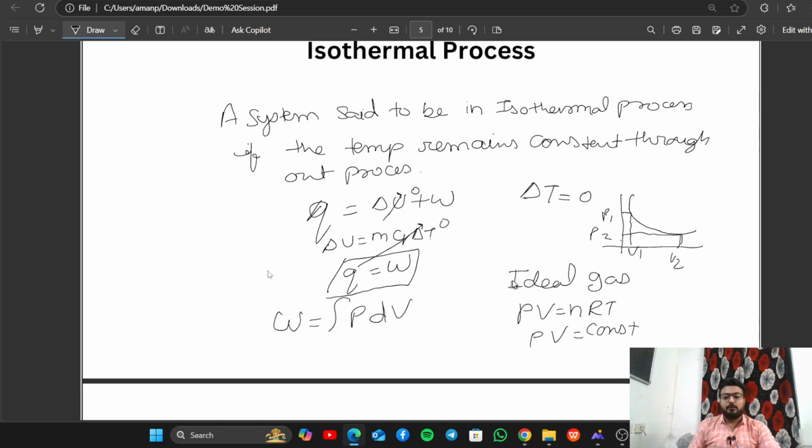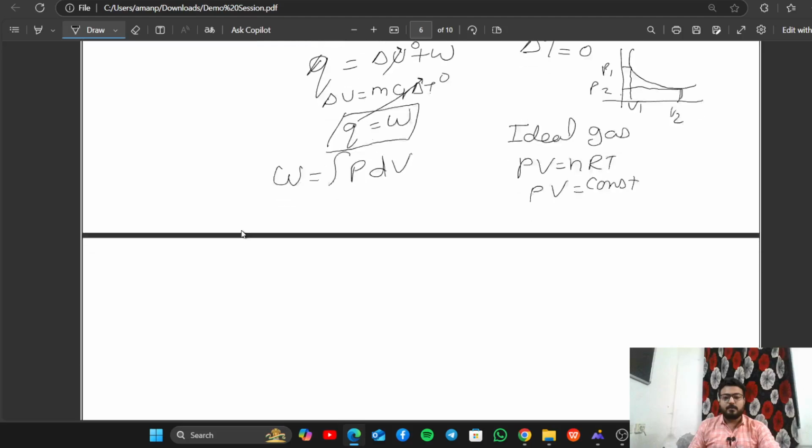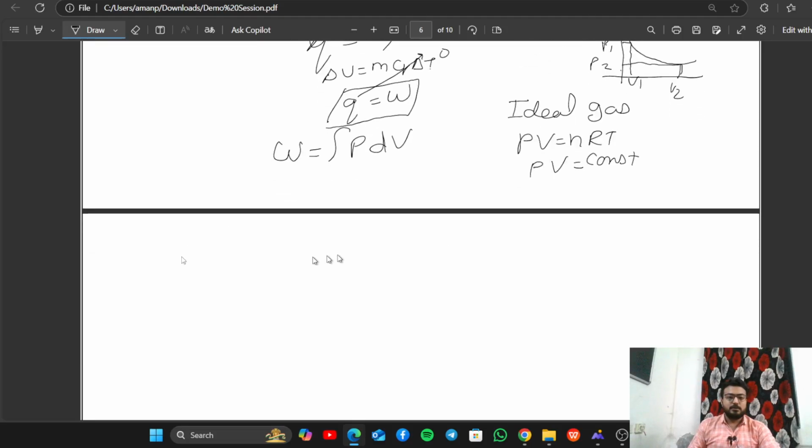Now, since PV equals constant, we can say that P is equal to nRT upon V. Let's put this in W. W is equal to integral nRT by V into dV. nRT is constant, so we can take it out.